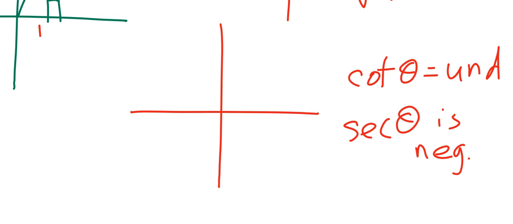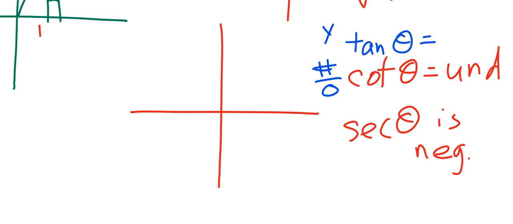To have a cotangent that is undefined, cotangent goes with which trig function? Tangent. What do we know about tangent if the cotangent is undefined? Now, to be undefined means that you have to have a number over 0.